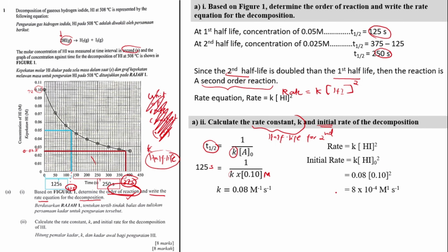We get 8 times 10 to the power of negative 4 molar to the power of 1 per second. We can determine the unit from what you can see here: 0.08 per molar per second, and here the unit is molar but to the power of 2. So overall it is M to the power of 1, and then per second. So the unit here is insisted. Mesti dan diwajibkan menulis unit. Tanpa unit adalah salah. Okay, so be careful of that.